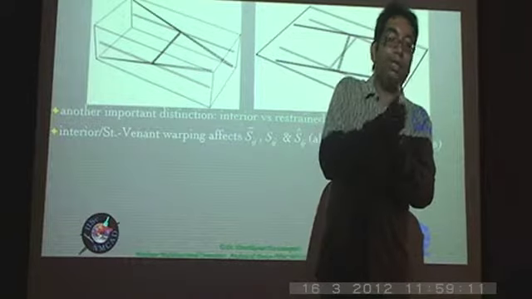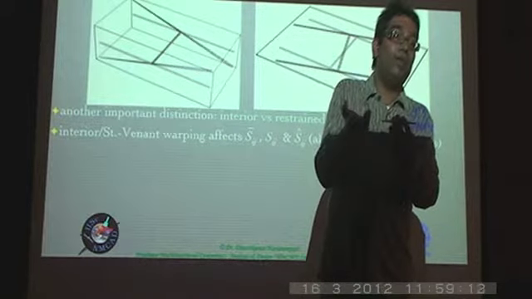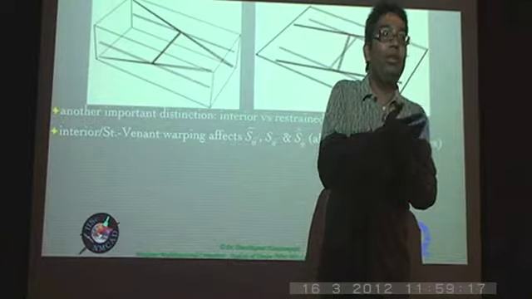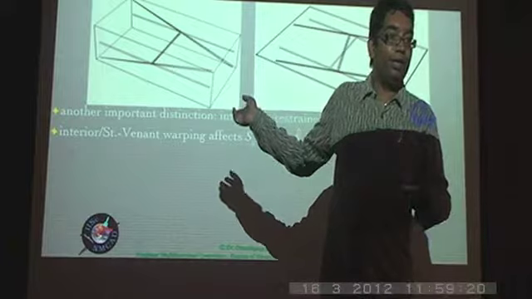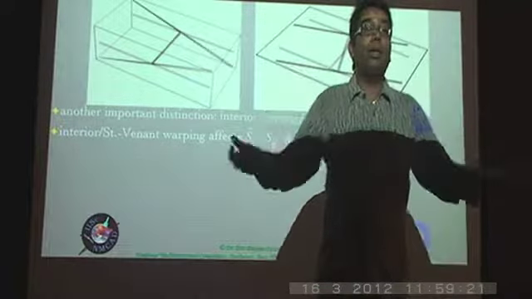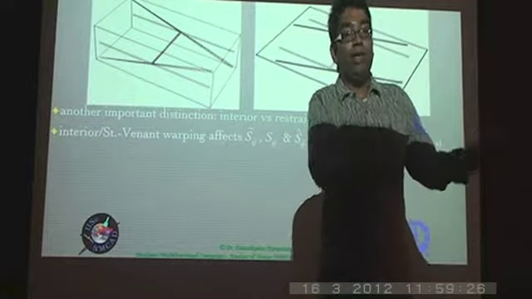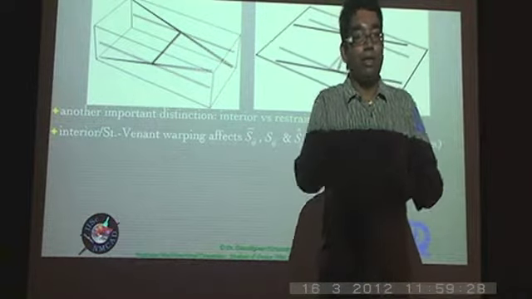Of course, the obvious case of free warping is at the free end of a cantilever beam. So there all points are free to move the way they want. So that's basically what we are referring to. But in reality, both can be combined into the same definition of warping. It's basically in terms of the source, where it is actually coming from, that we are looking at.